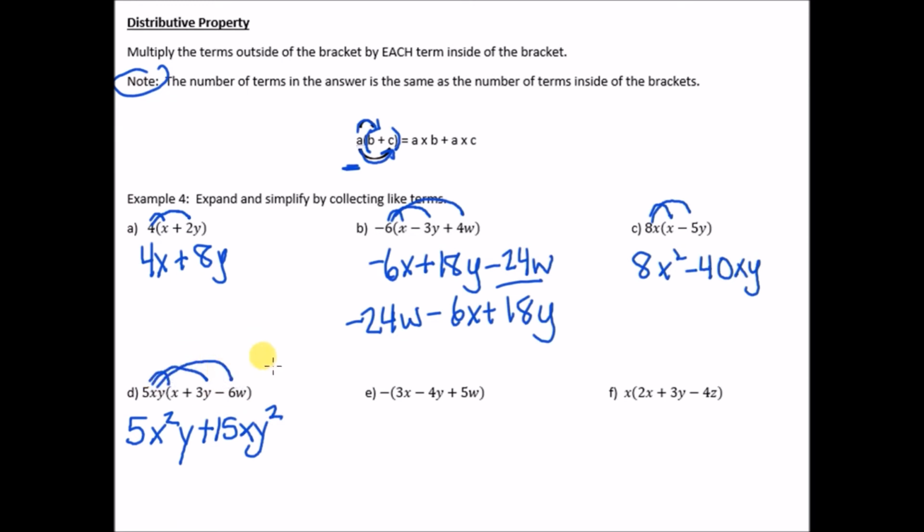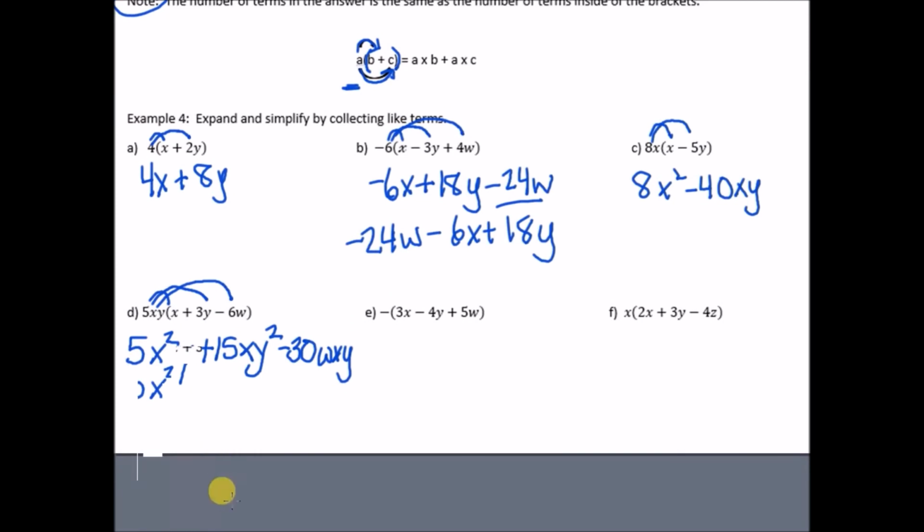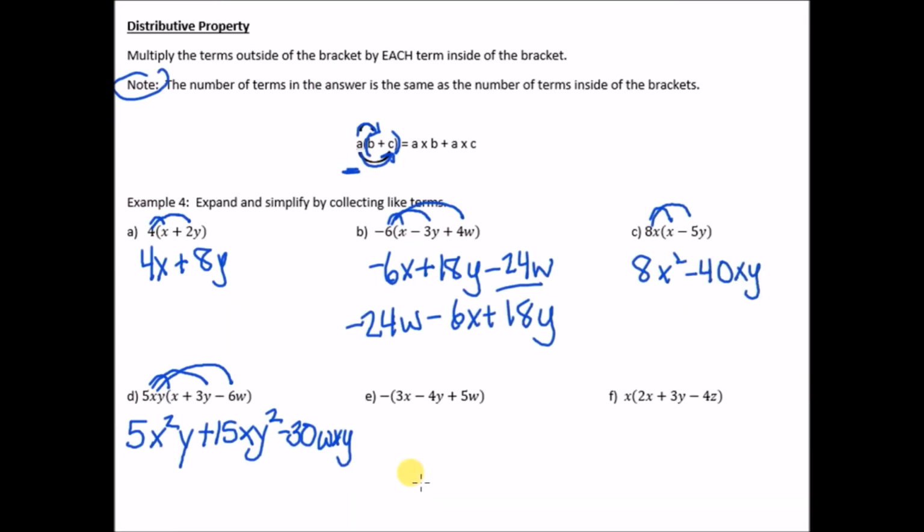And then 5xy times negative 6w. 5 times negative 6 is negative 30. And then we're going to have wxy. Put those ones in order. Also, if you notice, the w comes first in the alphabet, so I would put negative 30wxy first, and then plus 5x squared y plus 15xy squared.